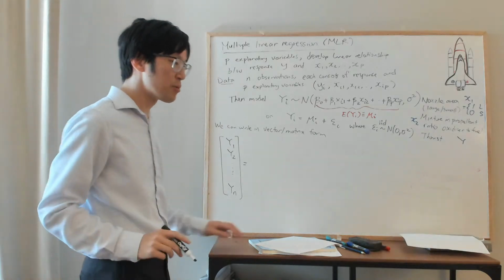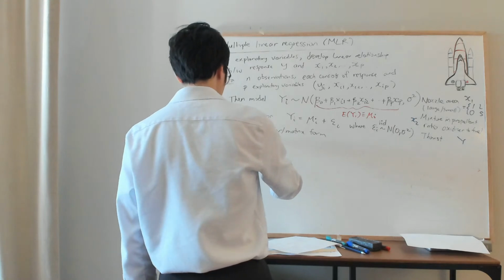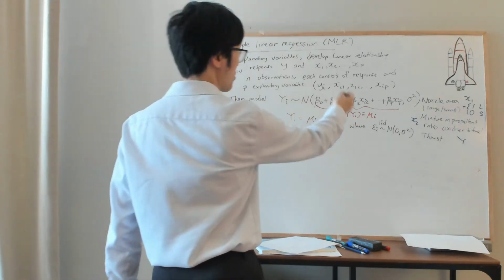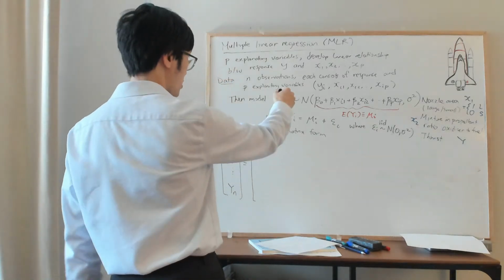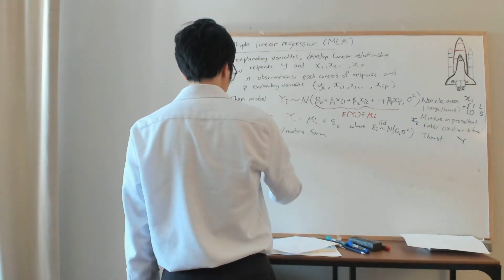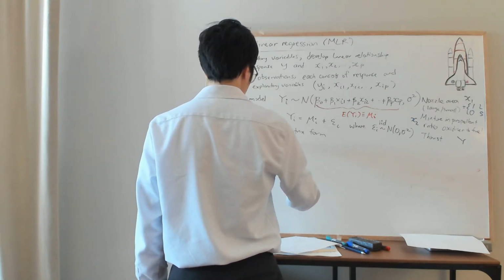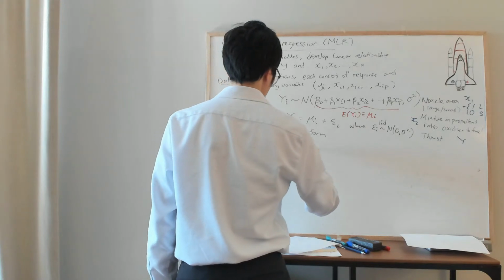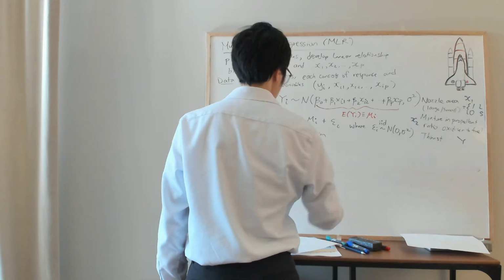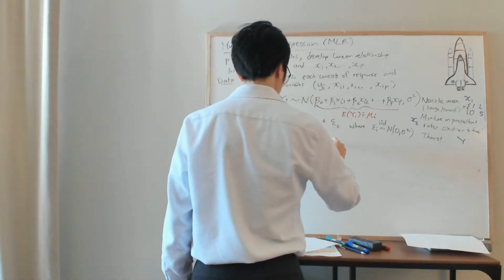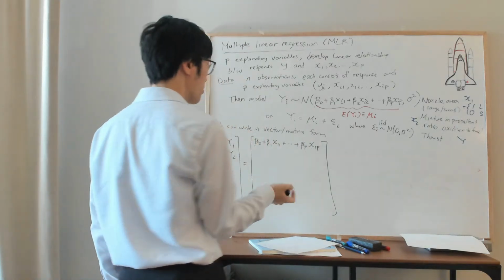For this first step, I'm just going to stack everything together, so I'm not going to do very much. Based on this expression, the first row will be just beta 0 plus beta 1 x11 up to beta p x1p.